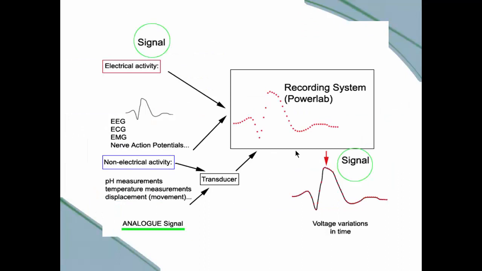So when we look at any kind of a biosignal, recording signal, we have electrical activity. And in recording that electrical activity, we now especially need to turn the bioelectrical activity, which is always analog, we are not digital creatures, into digital energy.